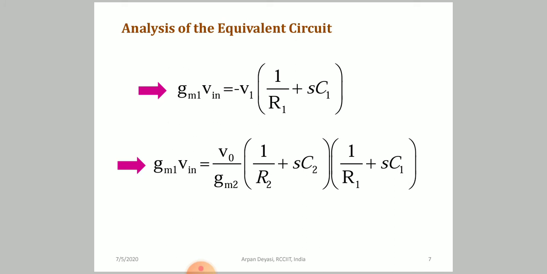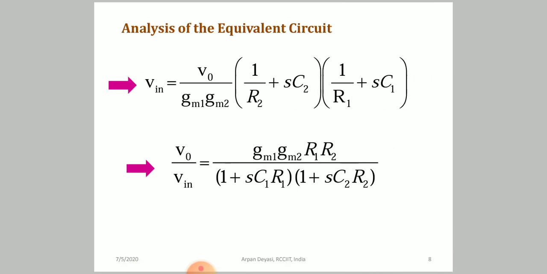So if you put down the expression of V1, because V1 is not an actual parameter, it's an intermediate parameter you have considered for the calculation purpose, and substitute, then you will get the Vin and V0 relationship. You will get two similar parameters in the brackets, 1 by R1 plus sC1 and 1 by R2 plus sC2.